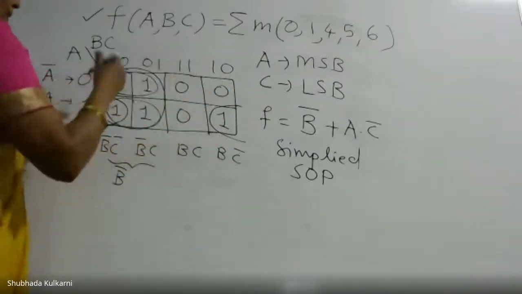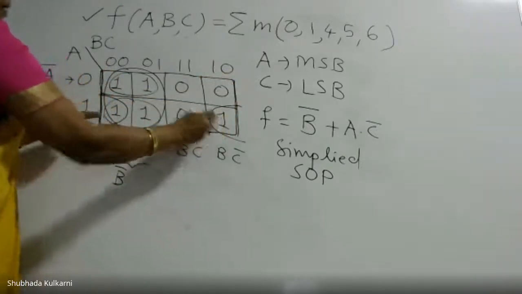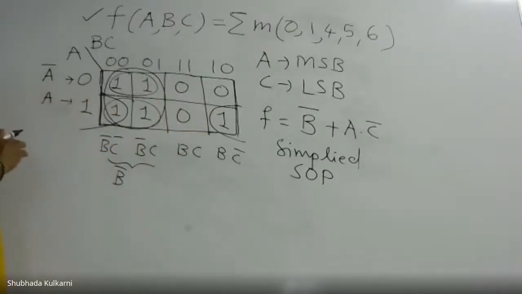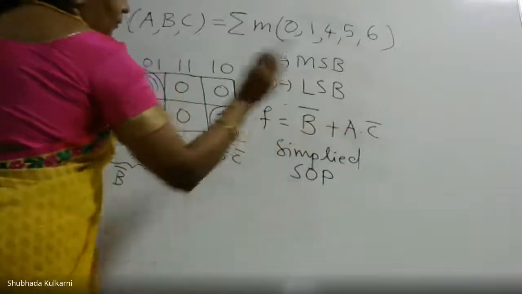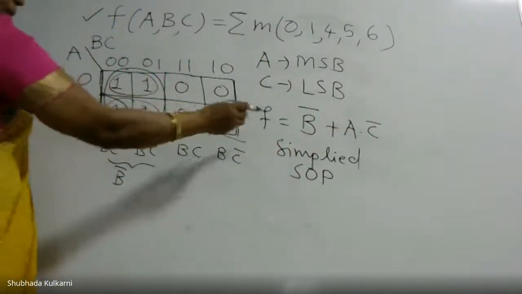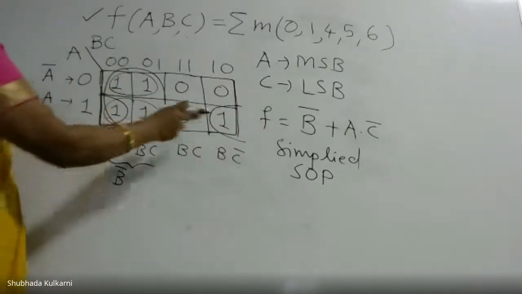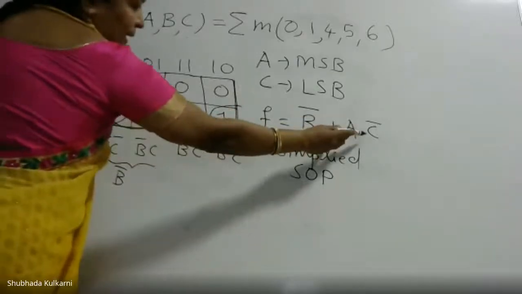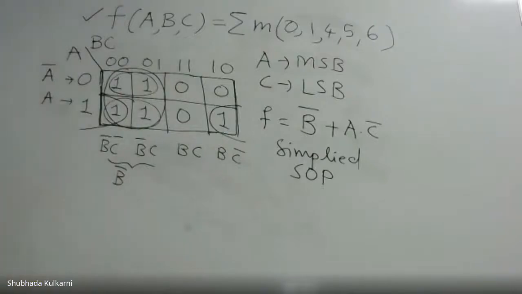But if you fold the map, that means if you join this edge with this edge, then this one is a neighbor of this one, and that will form a pair. So now we write one product term for the quad and one product term for the pair. For a quad, 2 raised to 2, 2 variables are less. For a pair, 2 raised to 1, 1 variable is less. So here you find A C bar, and here only B. This is what we got.